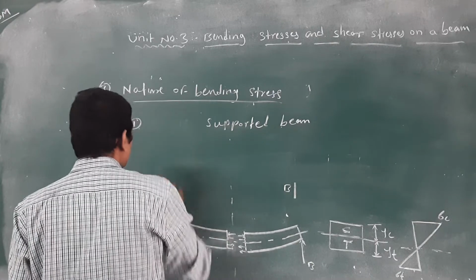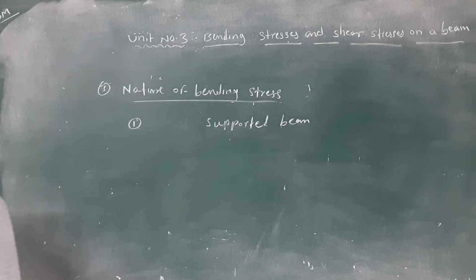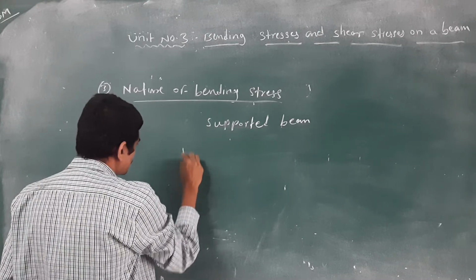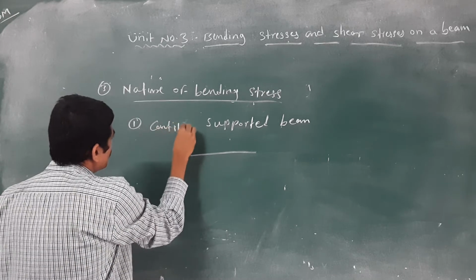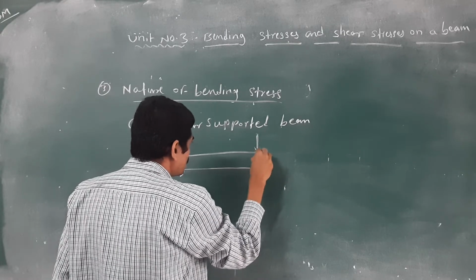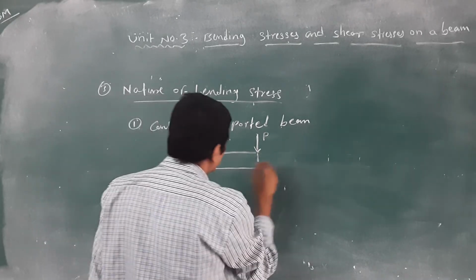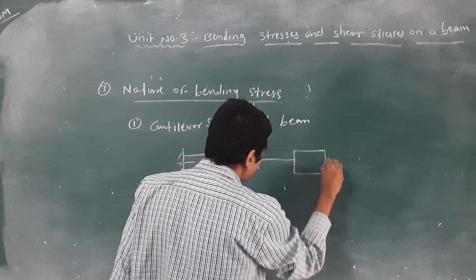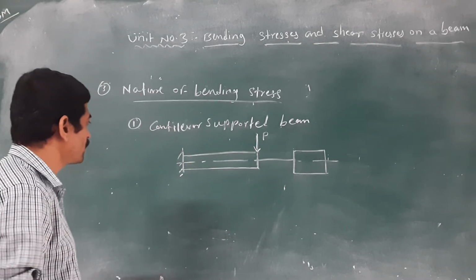Similarly for the cantilever beam. See what happens in the cantilever beam. Whenever this cantilever beam is loaded, I will draw the cantilever beam again. If no load is acting on the cantilever beam, you will get the rectangular cross section.